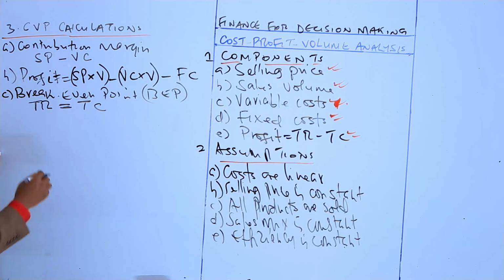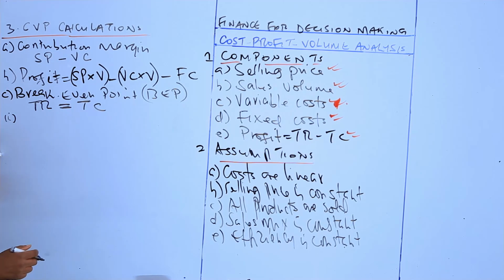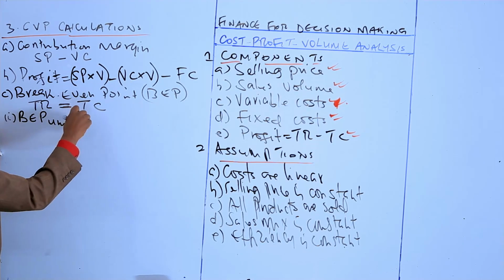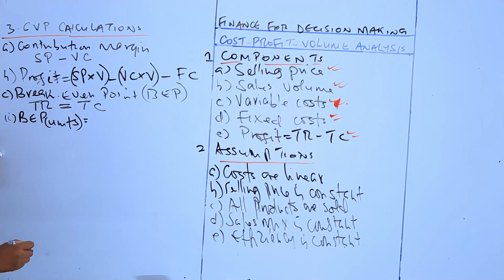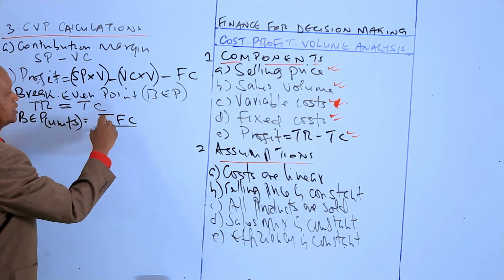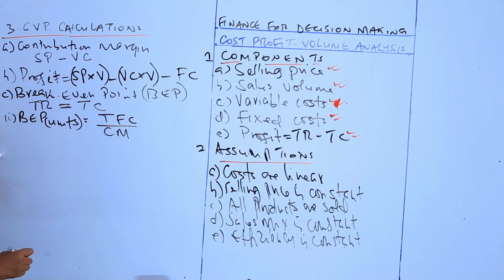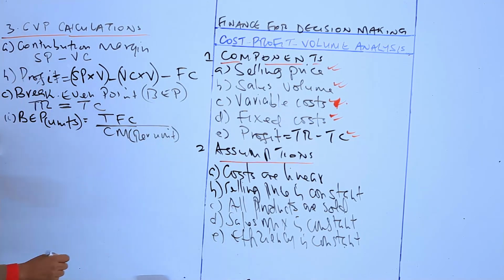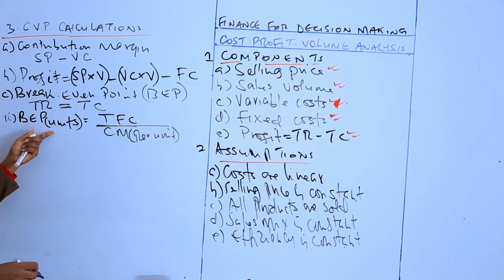And this break-even point can be determined either in shillings or in units. Break-even point in units will be equal to total fixed cost divided by contribution margin. This is the formula for determining the break-even point in units.